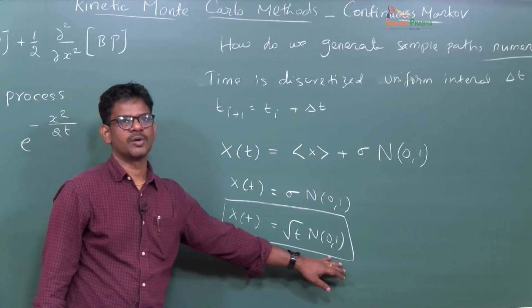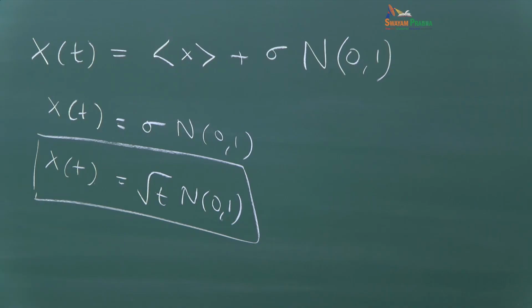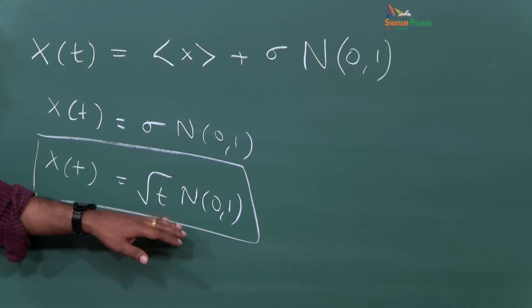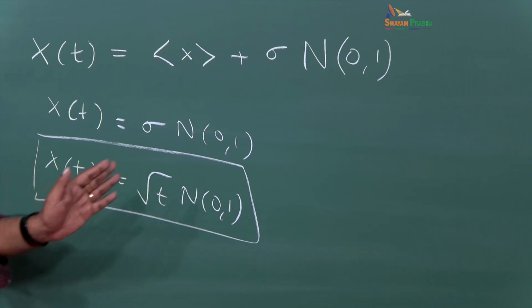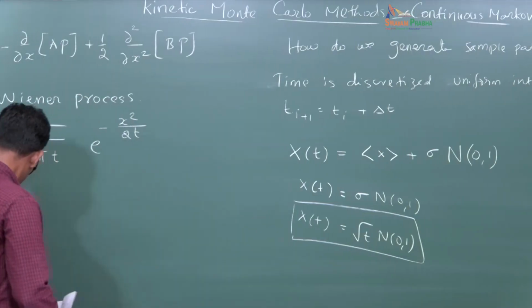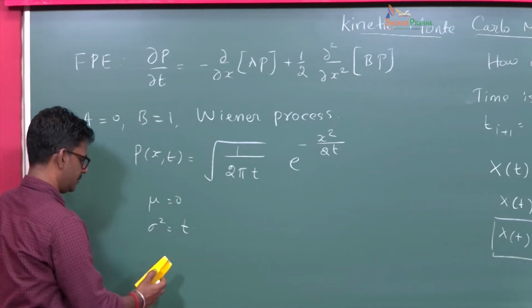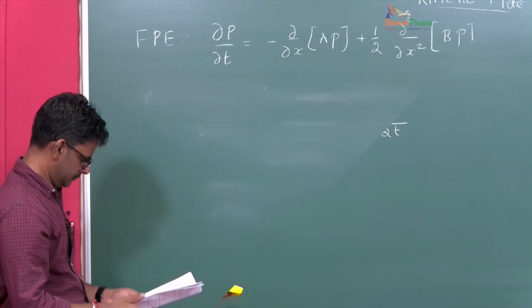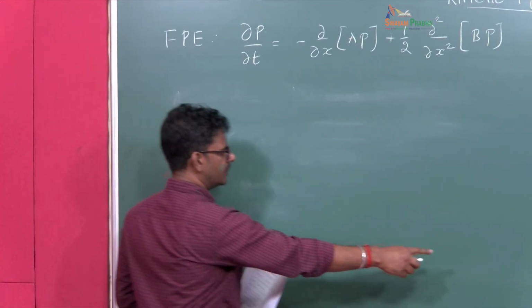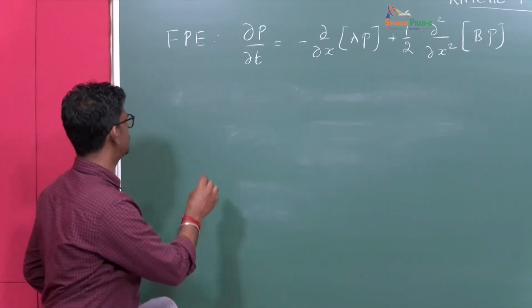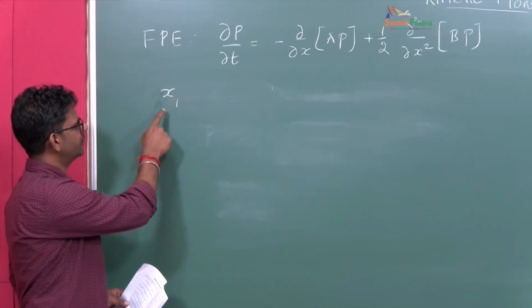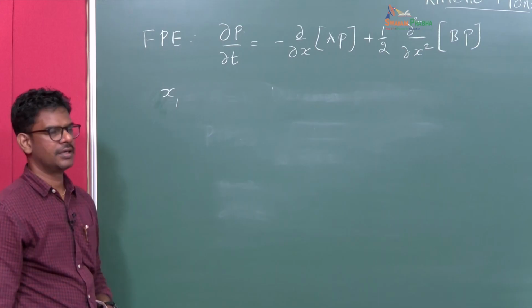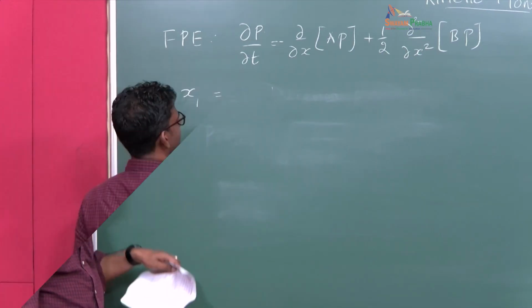So this is a propagation formula that tells you how to advance the particle position and create sample paths. From this formula, the first time point, let us say x1, is the position of the Brownian particle following this Wiener process.